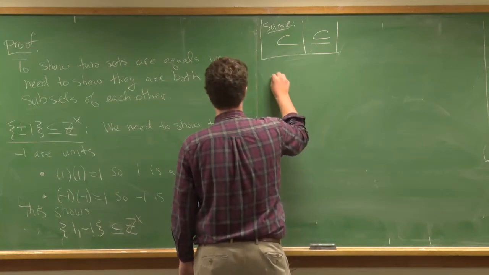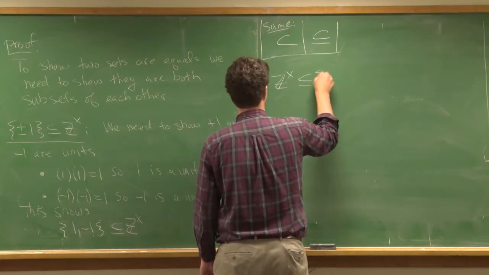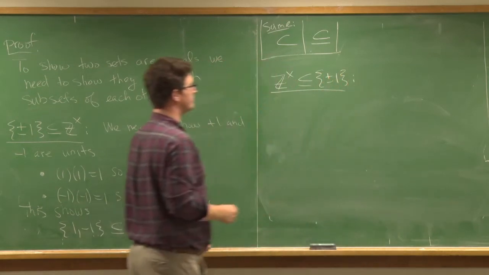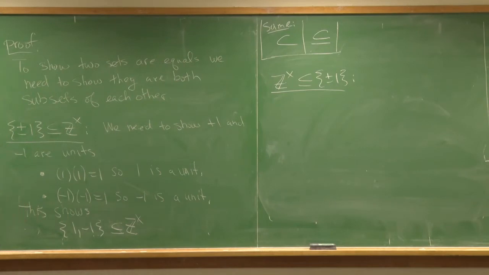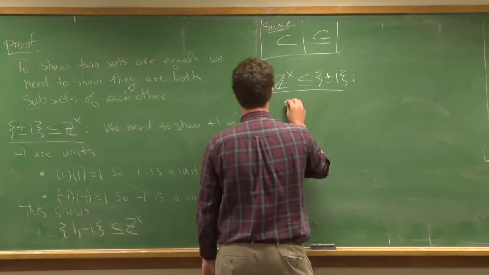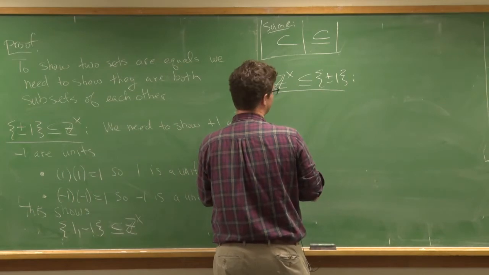So to do the second part of the proof, we need to show this: every unit is plus or minus 1. OK, so let's find out which elements are units. Without loss of generality, let me just make a remark here. I'm going to say that we'll be able to work with the positive integers.